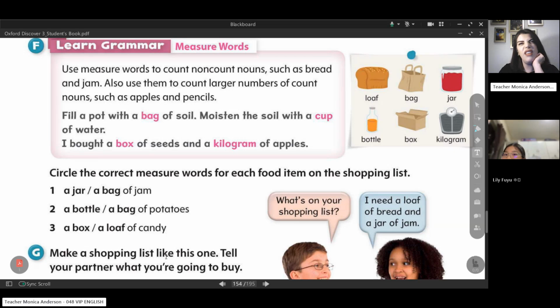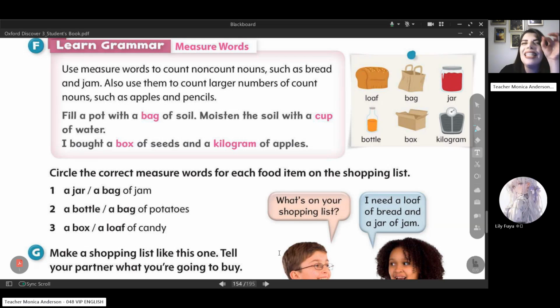Bottle of coffee? Do you drink coffee in a bottle? That is a cup. It's a cup. Okay. Or for example, when you want to say a little salt, you say a pinch of salt, a pinch.